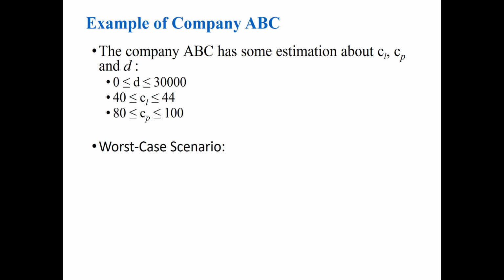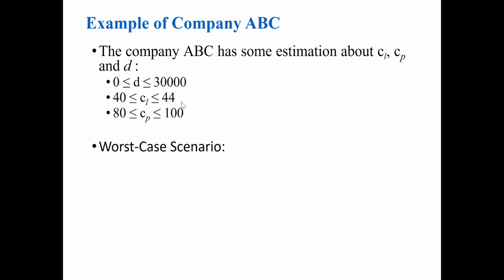The easy way that we can consider is two extreme cases. One of them is a worst case scenario. That means we pick the numbers that represent the worst possible scenario that we can see. In this case, the worst case that can happen is demand being 0, and we have the highest cost for the parts and the labor.